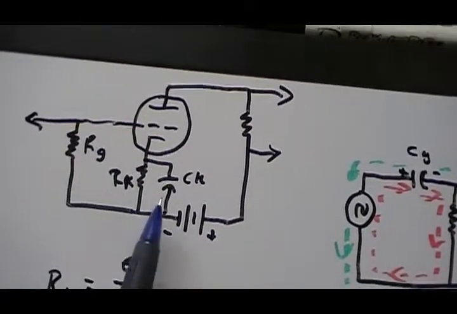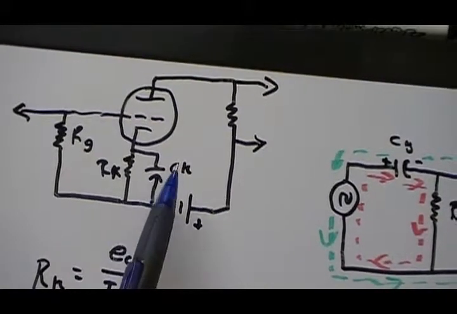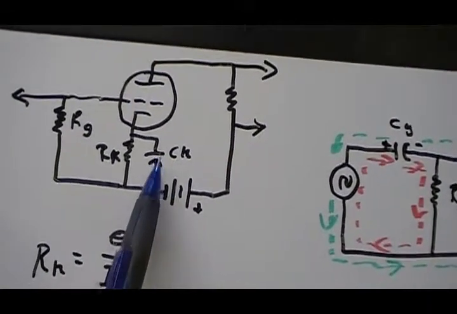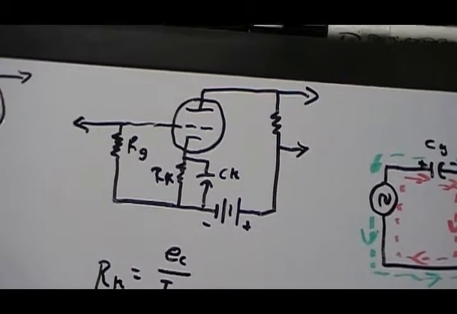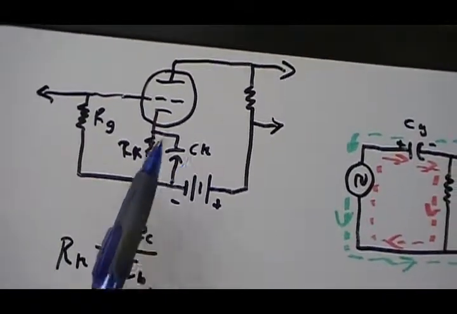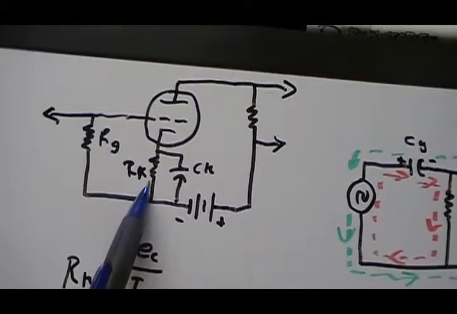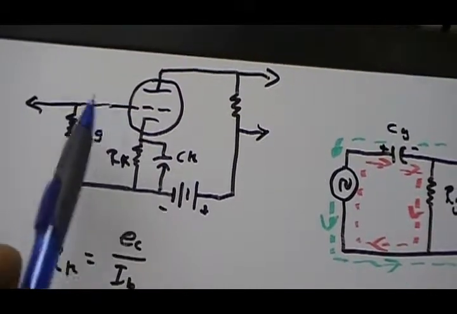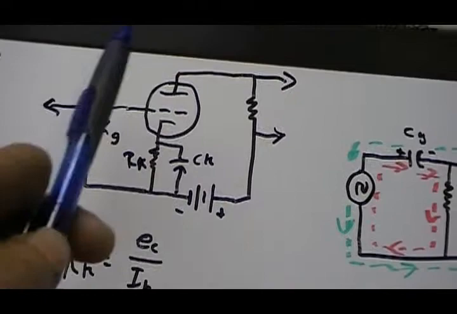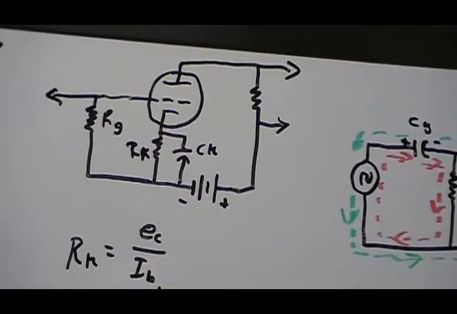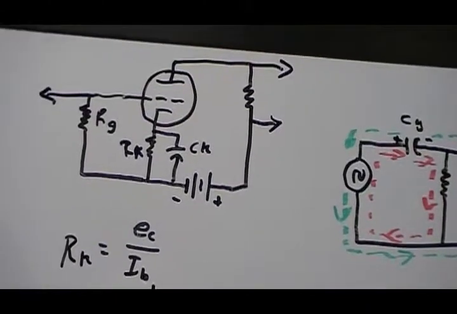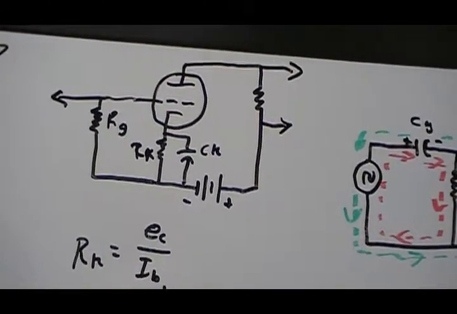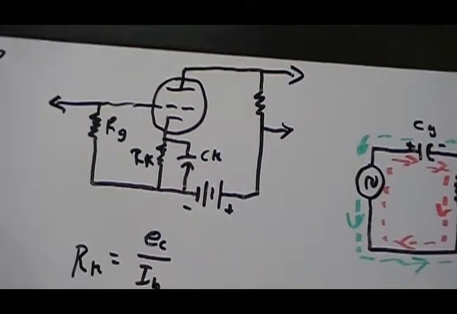Well, the way I do that is I add this capacitor in here, but I set the resistance of this capacitor, which is also known as capacitive reactance, X sub C, to be a lot less than RK for the lowest frequency that this thing's going to operate at. And what that does is electricity takes the route of least resistance.